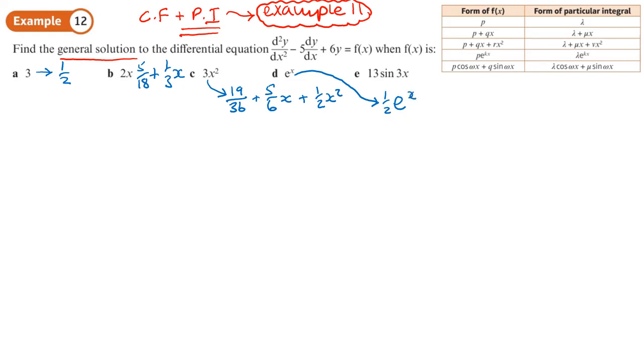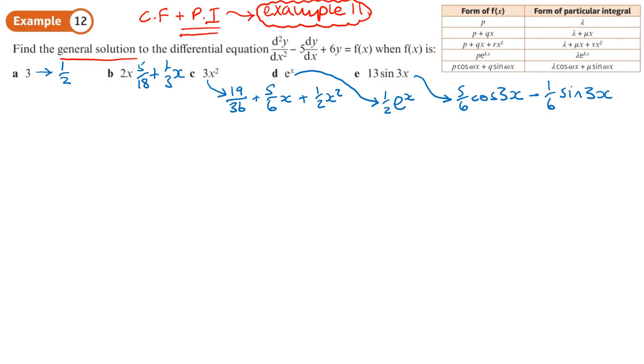And for the last one that we did here, this one was 5 over 6 cos 3x minus 1/6 sine 3x. Yeah, so you can always look back at how we did those.